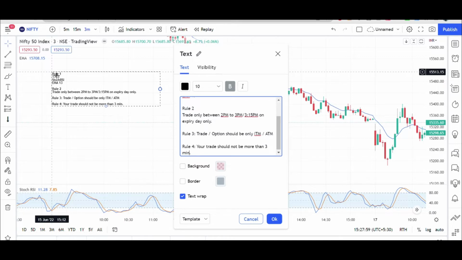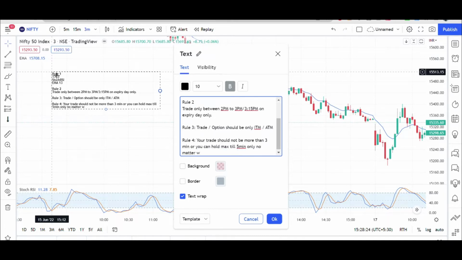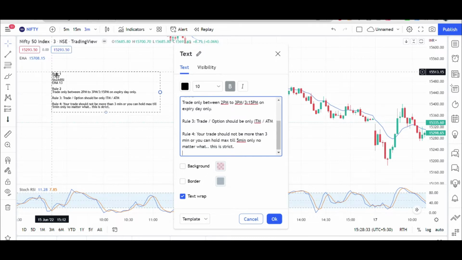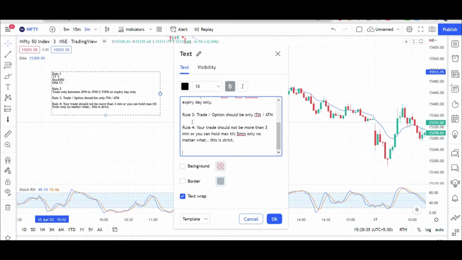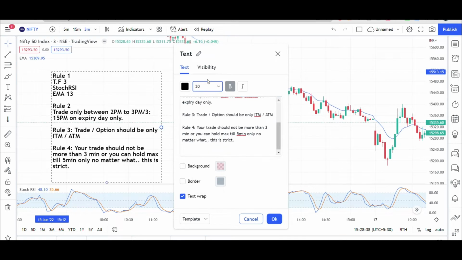There will be some signals where you can hold up to a maximum of 5 minutes, but you can hold max till 5 minutes only, no matter what happens. This is strict because it will save you from making more loss. So as of now, these are in total 4 rules.